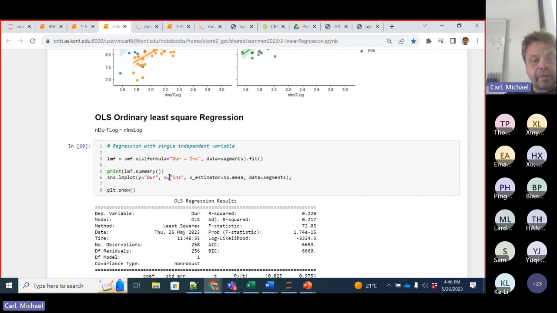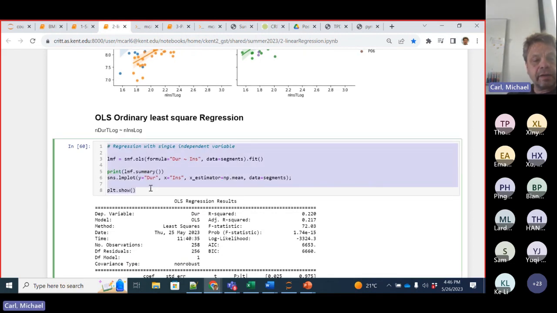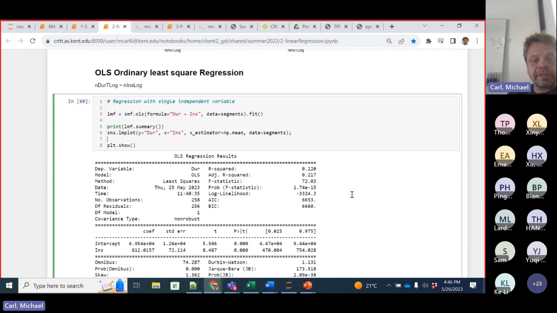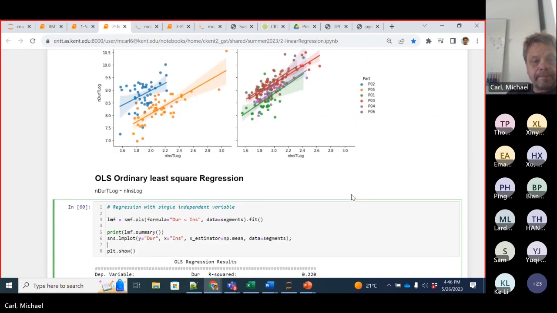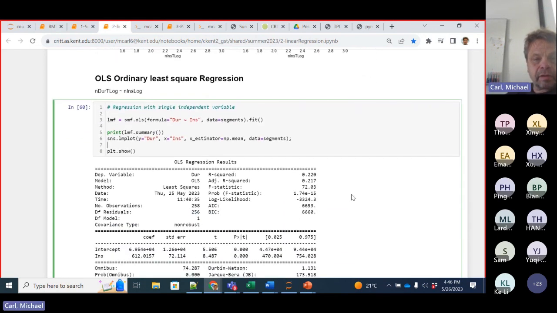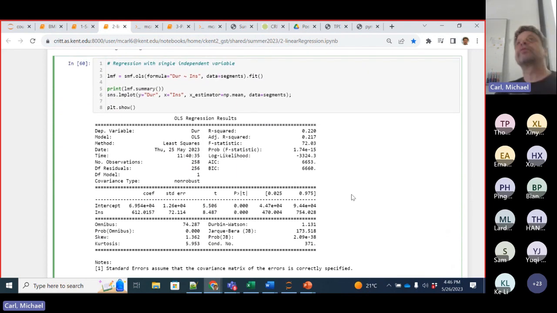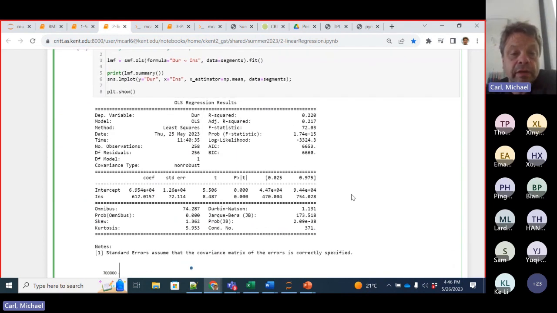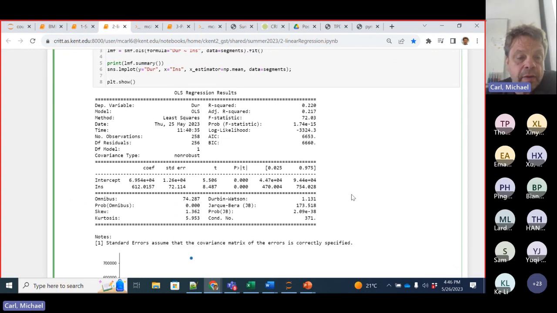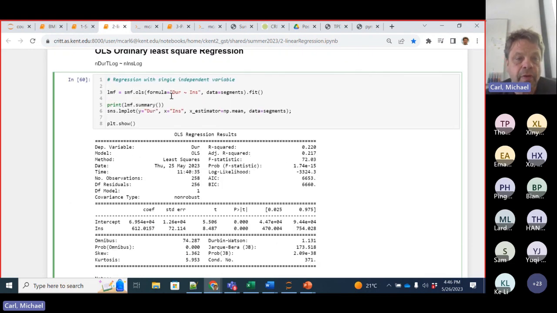So then we have this R-like representation of the linear regression. If somebody worked with R, it looks very similar, where we have this formula and the data set.